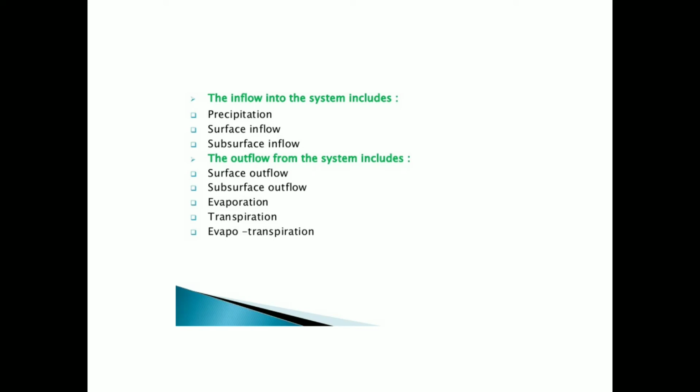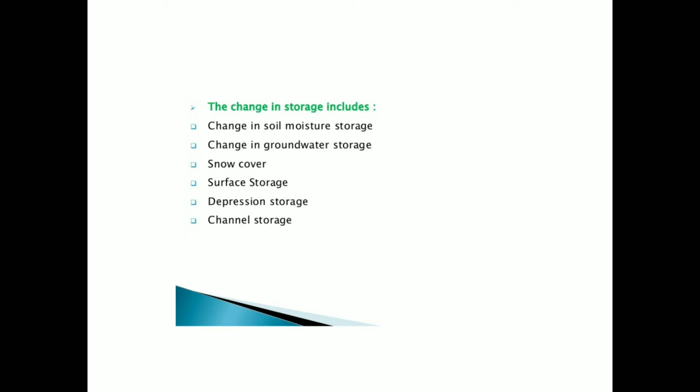Subsurface outflow is water flowing out from below the ground at that place. Evaporation: from the surface where we are calculating the water balance, whatever evaporation takes place, the water forms into vapors. Then whatever vegetation is there, transpiration from that vegetation occurs, and combined from plants and land, evapotranspiration occurs.